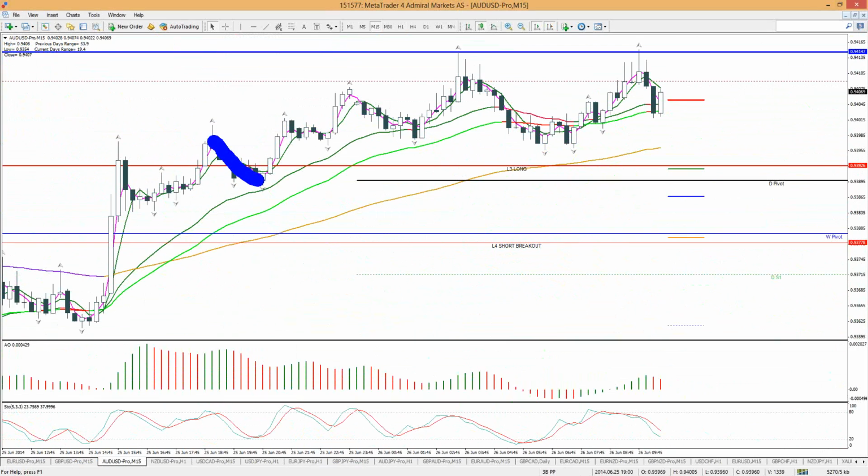If you then look for the bounce off of the continuation, then this would have been a good candle. Why? Well, first of all, it's pulling the short-term moving averages to the upside. It's a strong close near the high, and it's breaking all of these previous bearish bars, these highs here. So that was a good continuation candle.